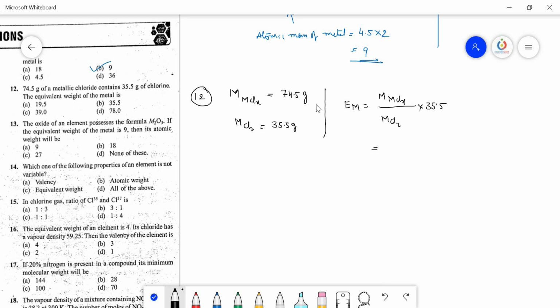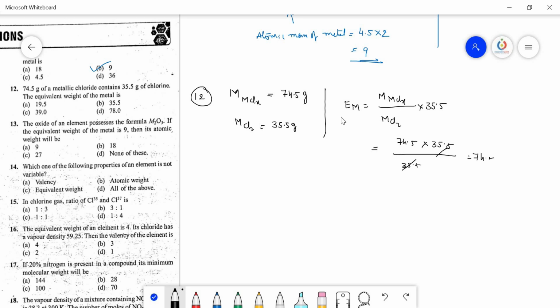So the mass of the metallic chloride here is 74.5, 74.5 into 35.5 divided by the mass of the chlorine, which is also given, simply 35.5. So here it cancels and we get 74.5.